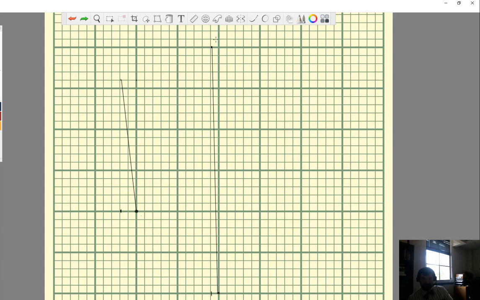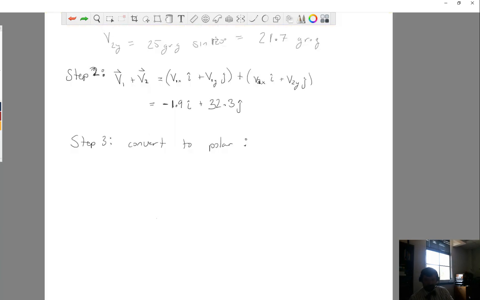The other way, since the idea was to do this algebraically, we can convert it to polar by just making a simple sketch here that's not to scale. So here's my y-axis, my x-axis. I know that it's going to be somewhere in this quadrant.